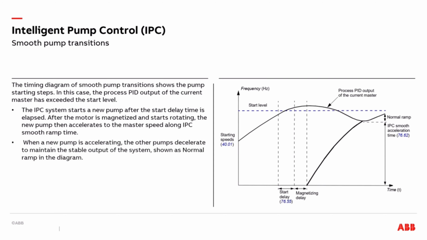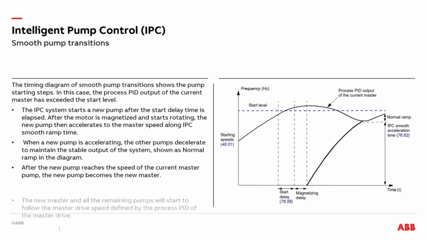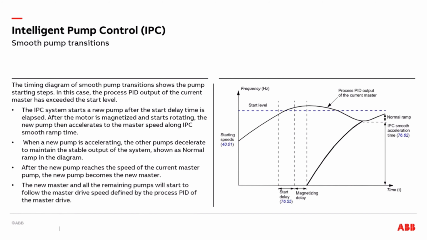When the new pump is accelerating, the other pumps decelerate to maintain stable output of the system, shown as a normal ramp in the diagram. After the new pump reaches the speed of the current master, the new pump becomes the new master. The new master and all remaining pumps will start to follow the new master drive defined by the process PID loop in the master drive.